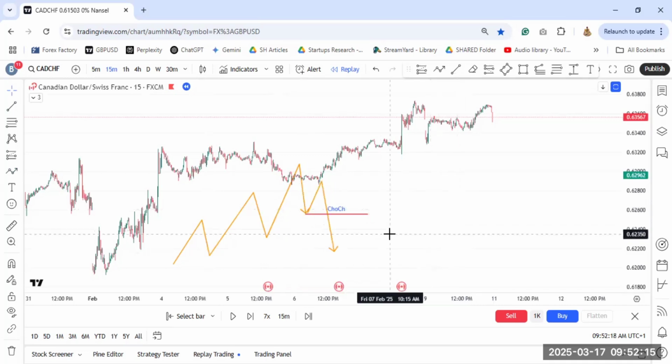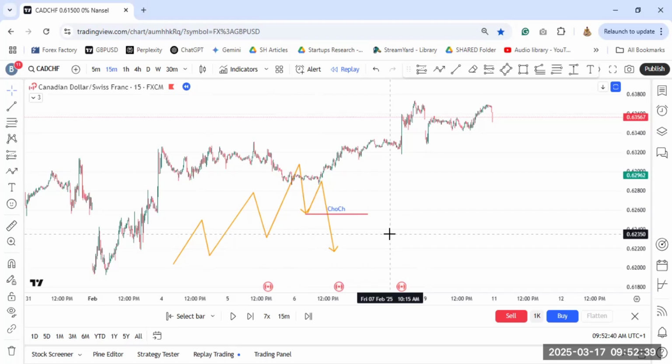So whenever a change of character occurs, it's telling you that the market is changing its direction or reversing the trend that it has initially created. Remember, there is no trend that will last forever. So if it is in an uptrend, there will be a point where it will reverse to go in a downtrend.